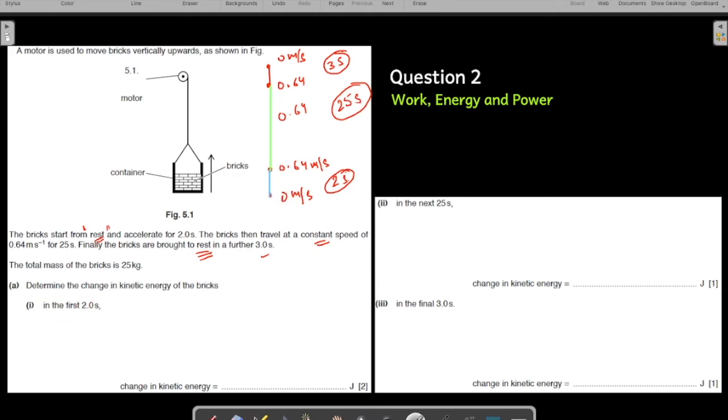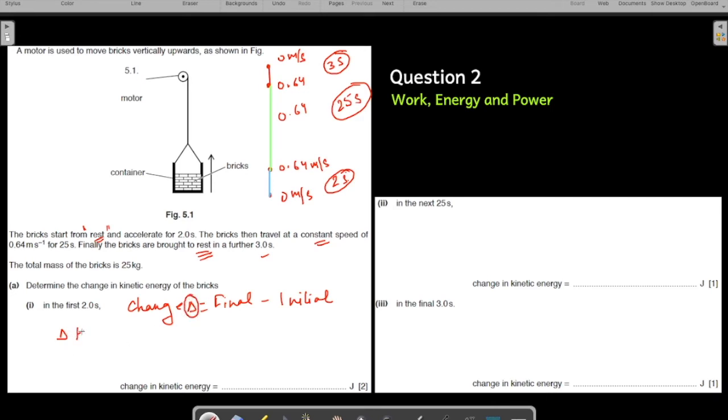In the first 2 seconds, what is the change in the kinetic energy? Change is always final minus initial. Change is denoted by the letter delta.